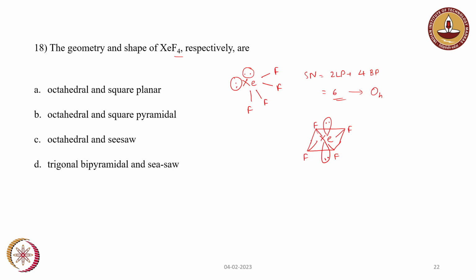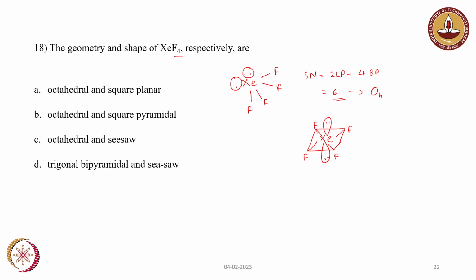And the next one is the geometry and shape of xenon bonded to 4 fluorine atoms. So xenon is having 8 electrons in the valence. And formed 4 bonds with fluorine. So there is 2 lone pairs and 4 bond pairs. So steric number is 6.